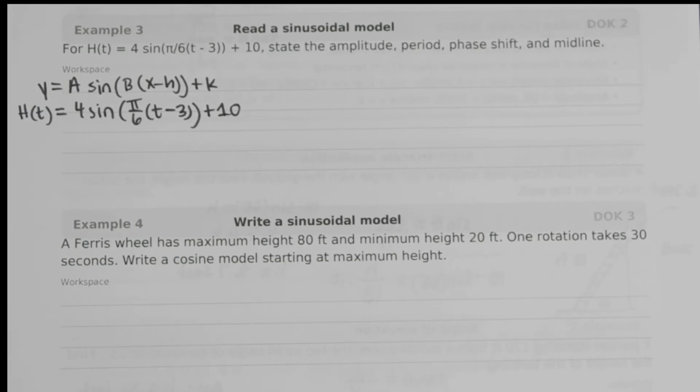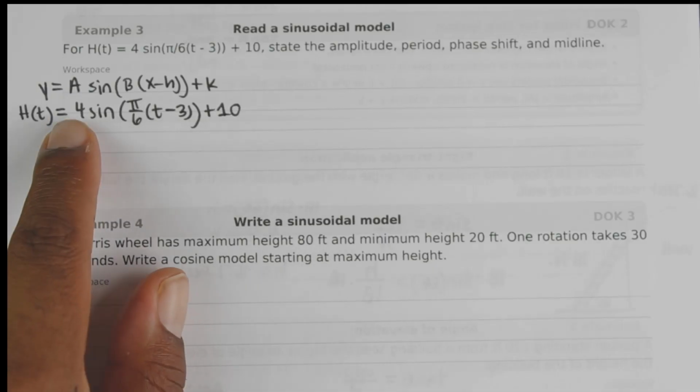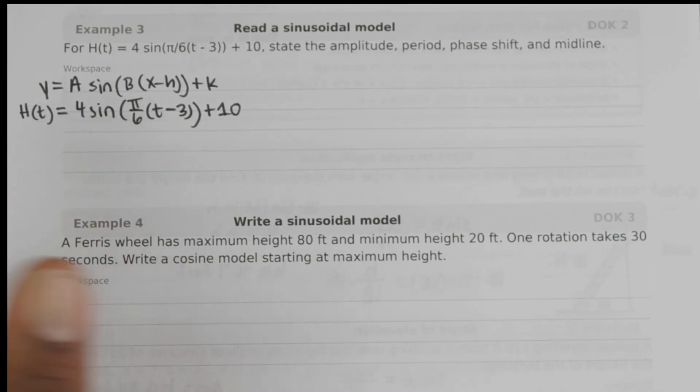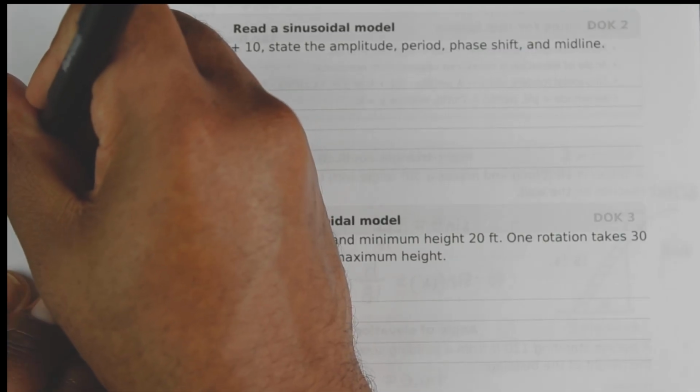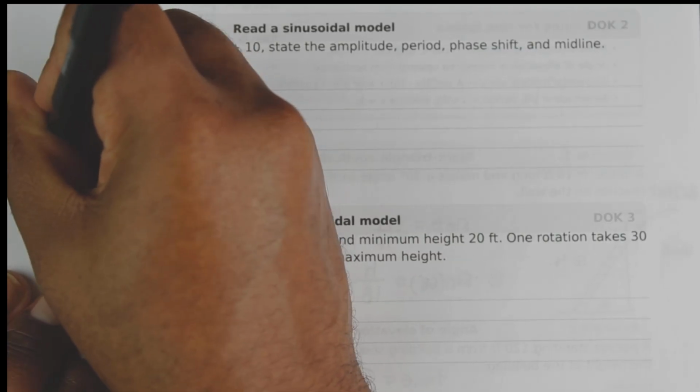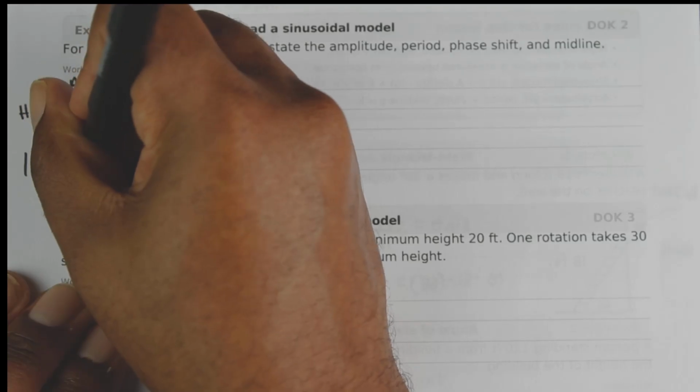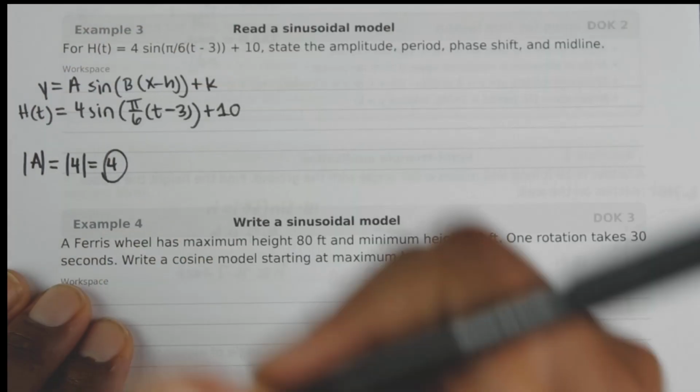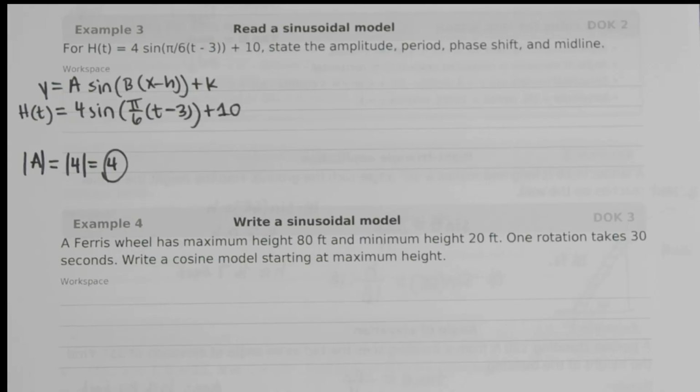So now we need to identify each part. The coefficient outside of sine is 4, so the amplitude is 4. The b value would be pi over 6.